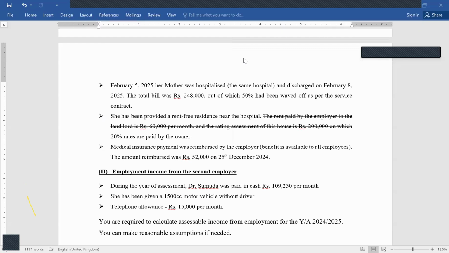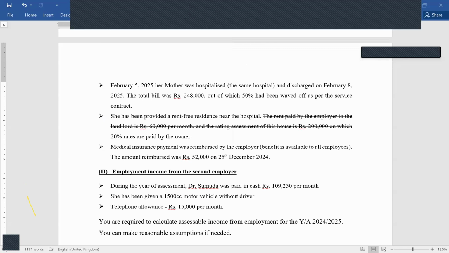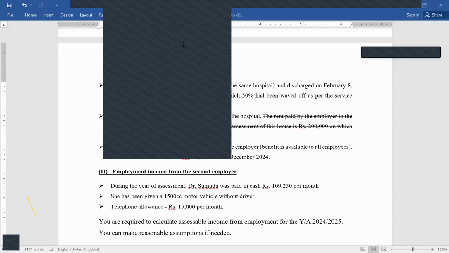That's true. So what is the difference in the tax liability? Yes, this is the actual answer I need. 50% for reimbursement and for allowance, that is 100%.